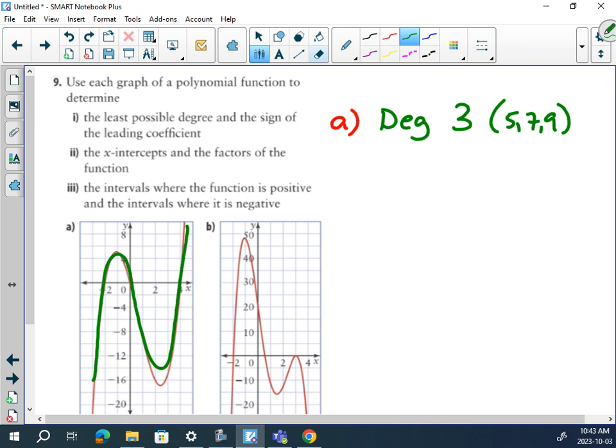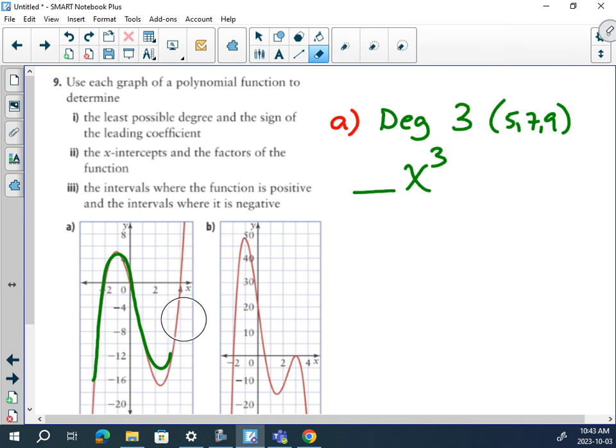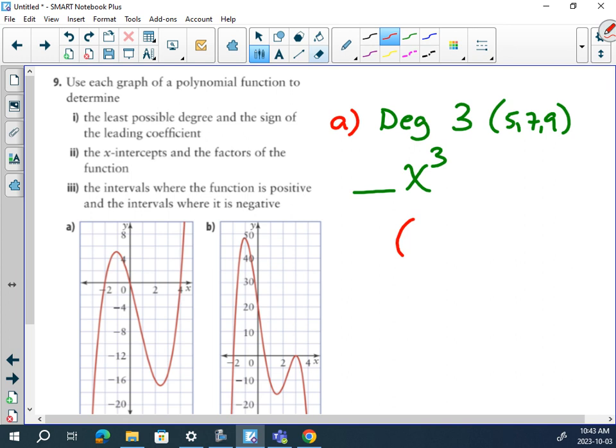The sign of the leading coefficient. So the question now is, what's the number in front of my x cubed? Is it a positive value or a negative value? So once again, if I don't know just based on looking at it, I can test a value in it and say, well, what if I had something like negative 100 in there? Does negative 100 cubed give me a negative value or a positive value?